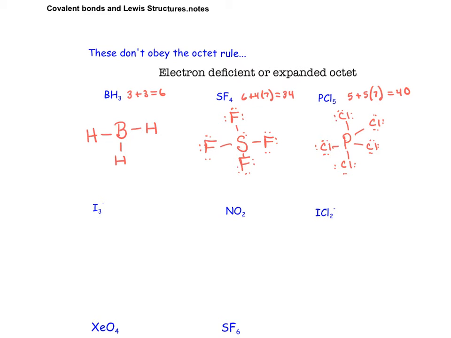So here is something else that you need to know. Expanded octets only work in period 3 or higher. So period 3, period 4, period 5. There is never, ever, ever an expanded octet for period 2 elements. The carbon, the nitrogen, the oxygen, the fluorine. Never will there be an expanded octet.